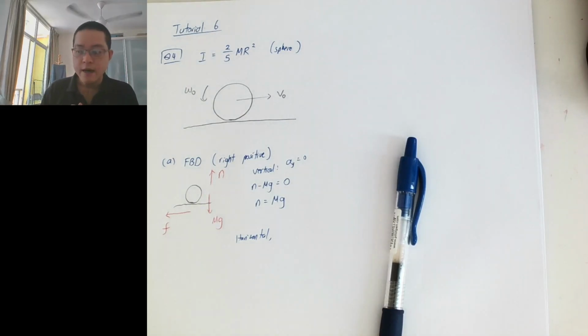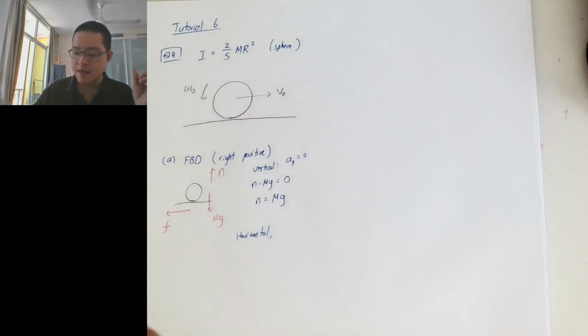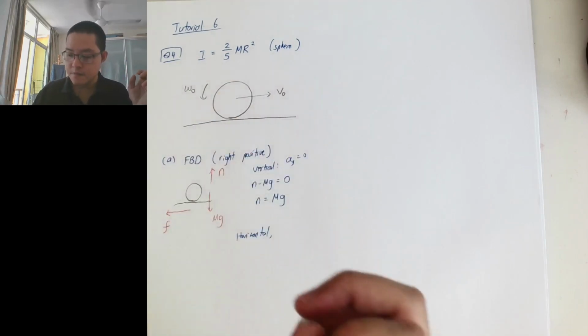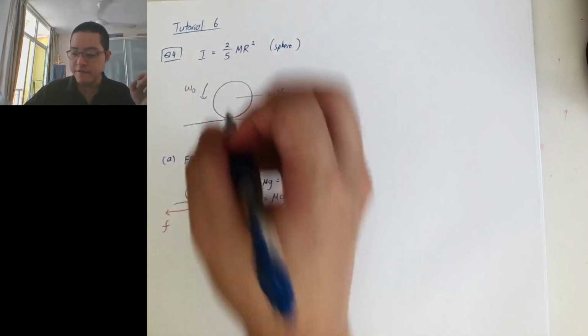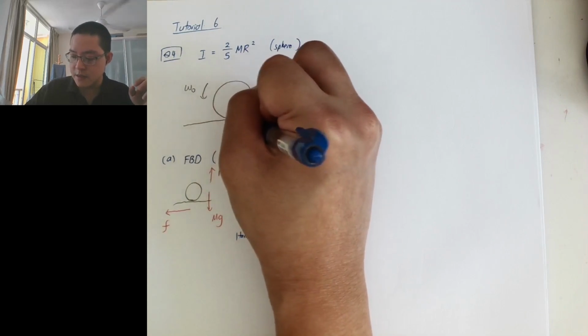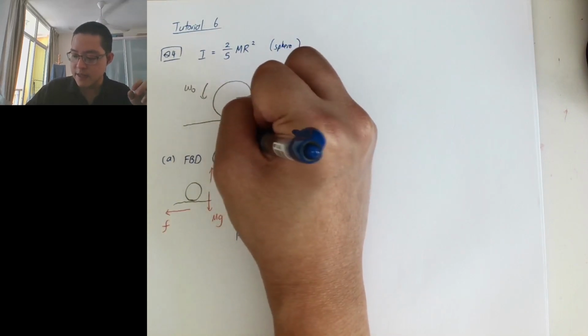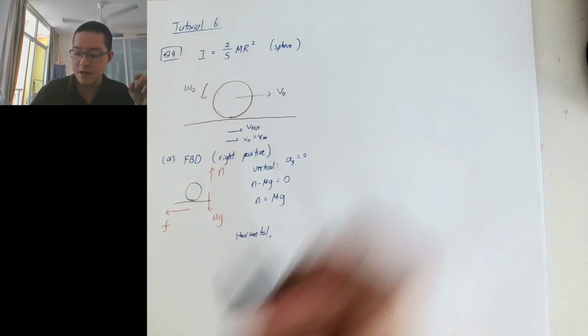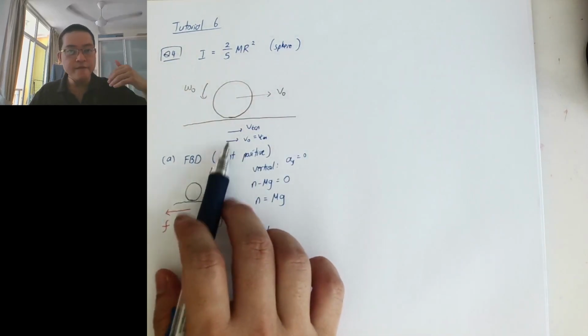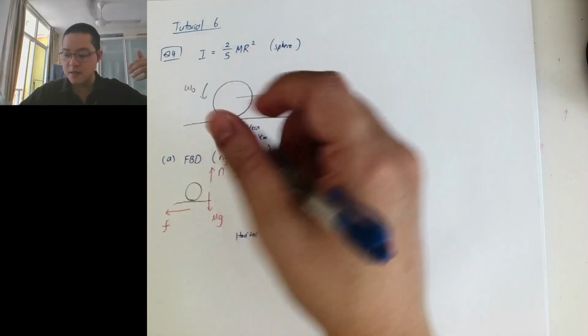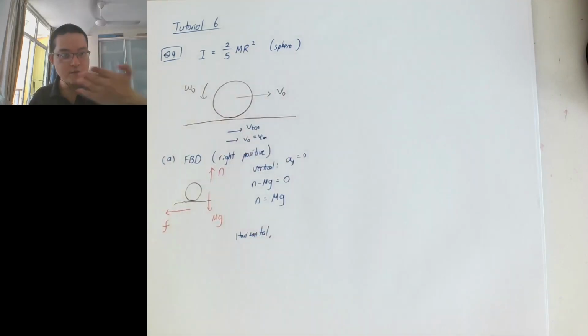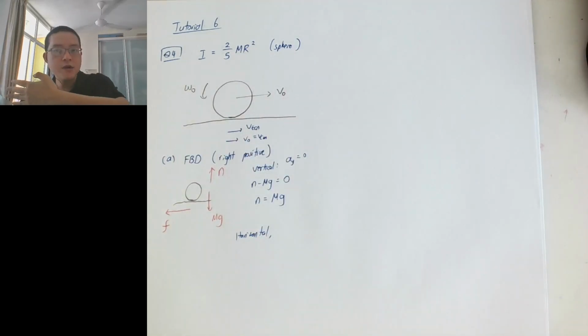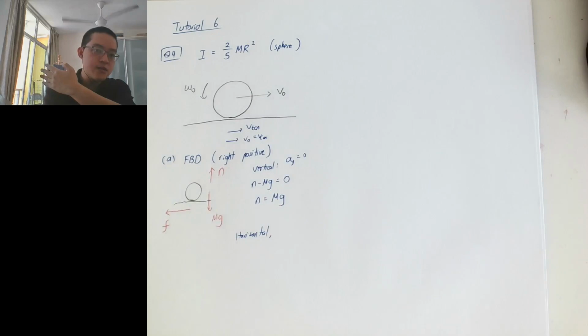Another way to look at it is because my tangential velocity is in this direction, and my center of mass velocity is also in this direction, friction is always opposite to their motion, so it's acting to the left.